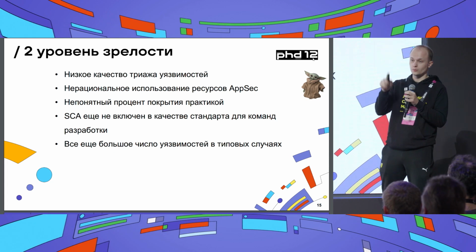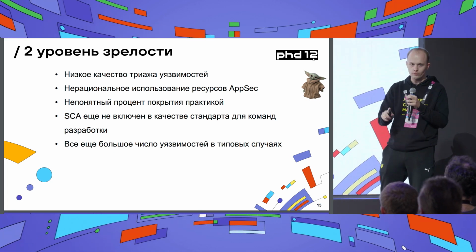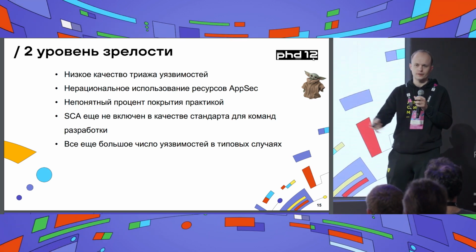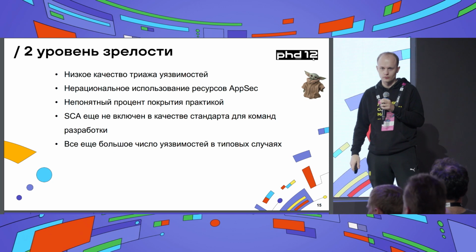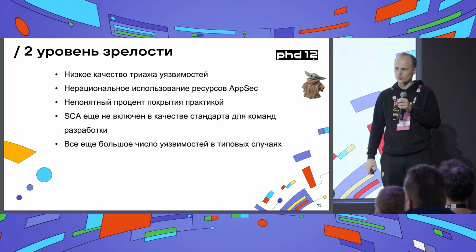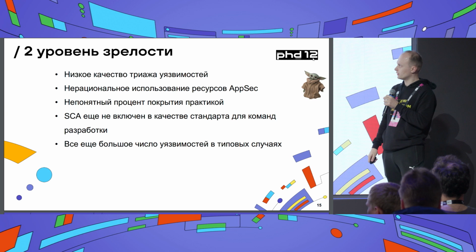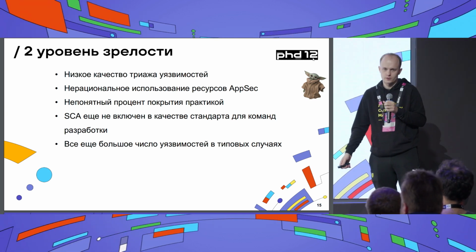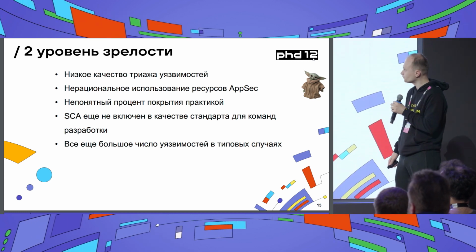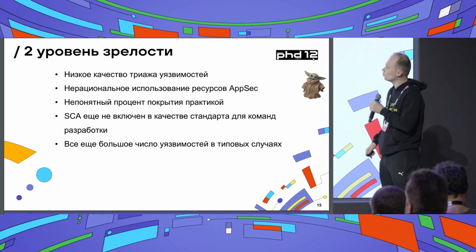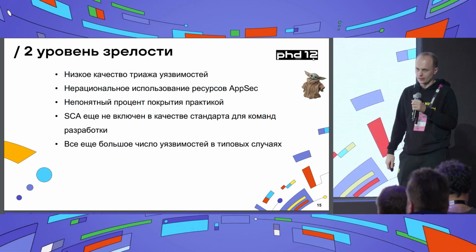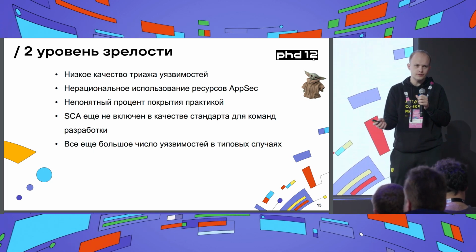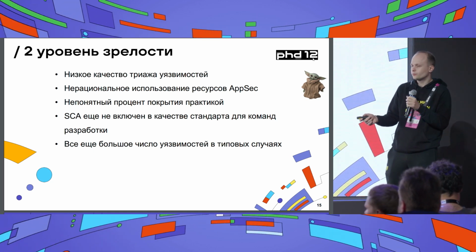Some teams said, we launched your tool, please carry out the triage yourself. This is wrong. This shouldn't be done, because a certain person cannot work for all the developers. He will just go to another company.